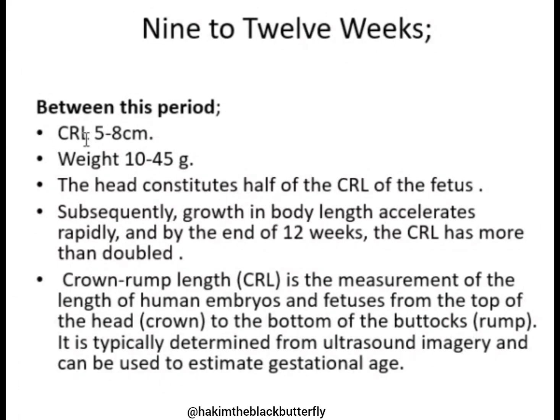So crown rump length, here we measure the length of the embryo from the top of the head, which is the crown, to the bottom of the buttocks, which is the rump. We are measuring the length of the fetus from the top of the head, which is the crown, to the bottom of the buttocks, which is the rump.